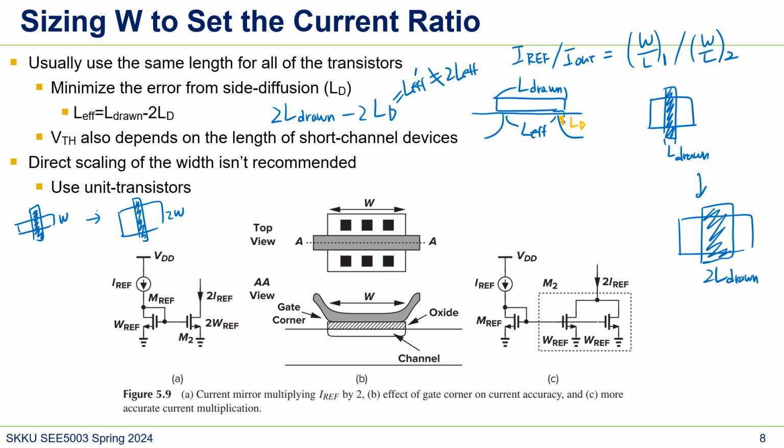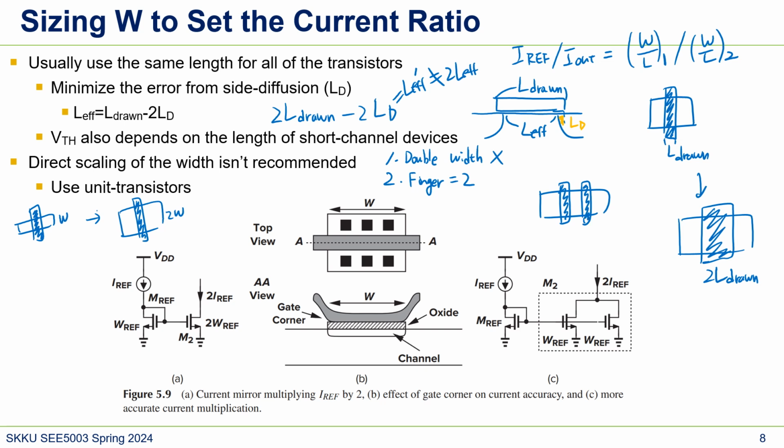Then there are a total of 3 ways. The first one is just double width. It's not that good. The second one is using 2 fingers. This is better than the first one. This is fingering, okay?